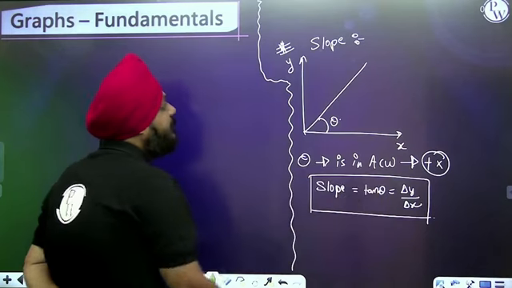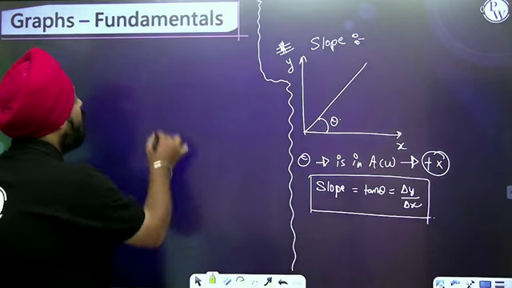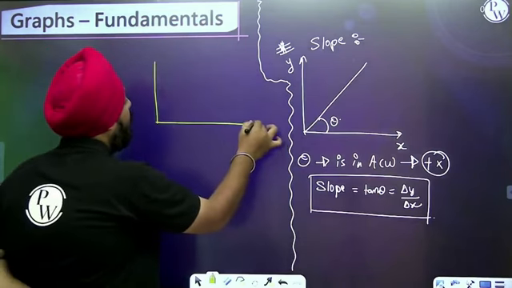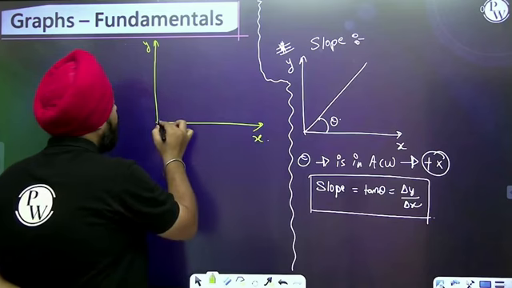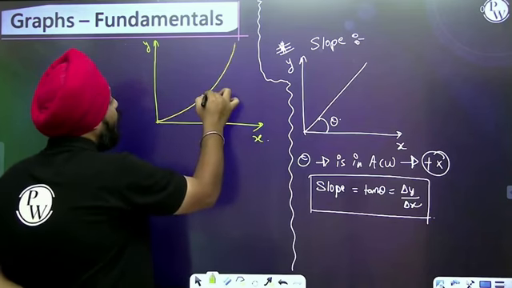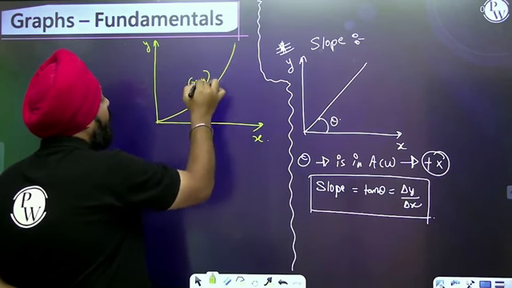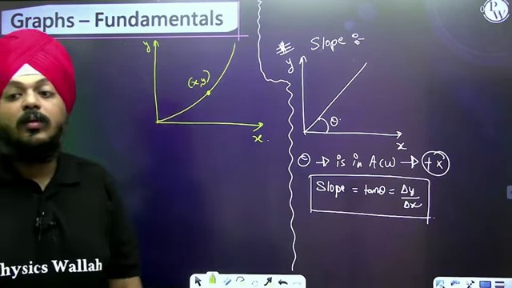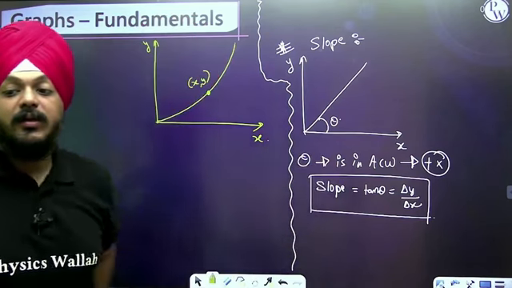Suppose the graph is curved, then how are you able to calculate the slope? Suppose this is a y versus x graph and it is a curve. You want to calculate the slope at the single point (x, y). What you have to do is draw the tangent.